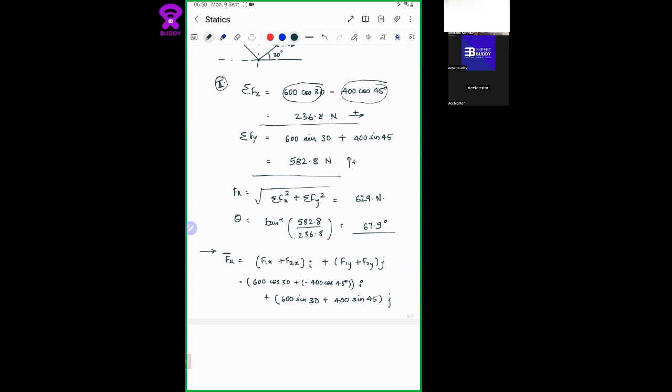Sometimes the problems may be given in this Cartesian system, so you need not panic about it. You have to just extract the x and y components, and just follow this particular formula, which will actually give you the result. I hope you followed it till here.